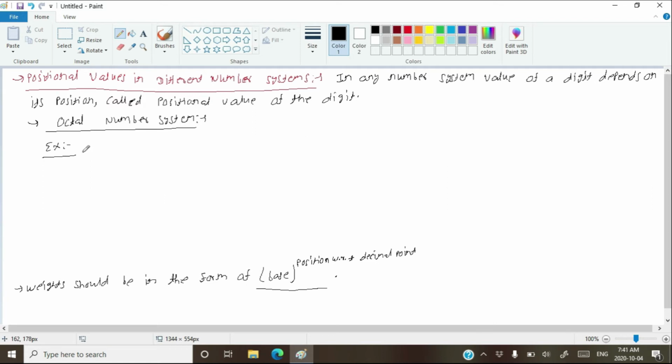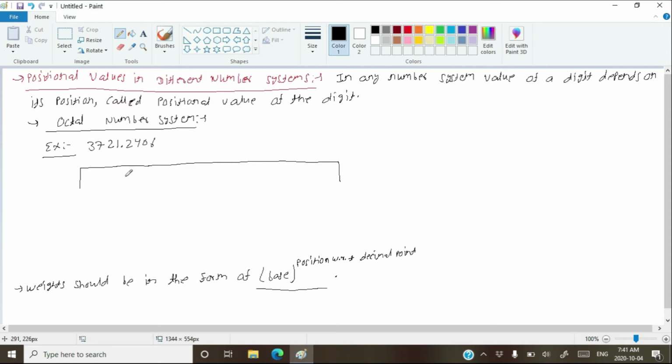Now let's come to the octal number system, that is the base 8 system. Okay, and let's take an example. The example is 3721.2406. Okay, again we have total 9 different octal digits.